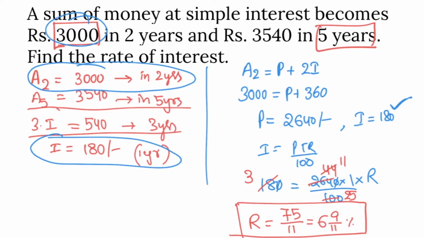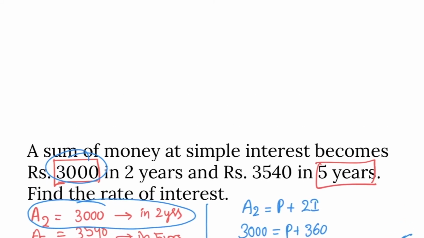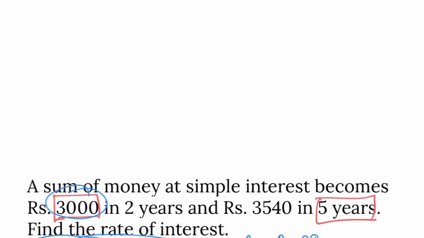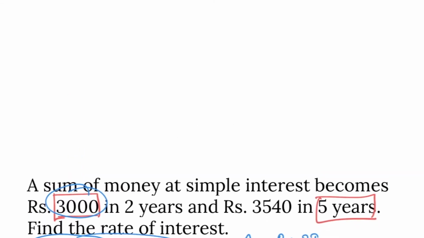And there is an alternative method using the formula. A sum of money at simple interest becomes 3,000 rupees in 2 years and 3,540 rupees in 5 years. Find the rate of interest. Amounts are given, rate of interest is required. What is the 2 years amount?